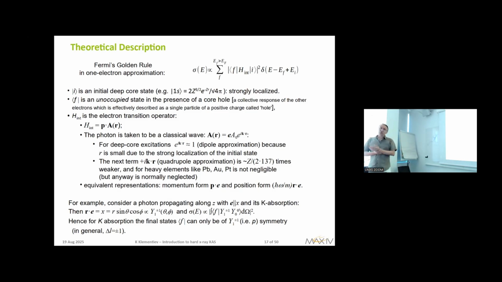Those of you who took quantum mechanics courses realize this is not a very quantum mechanical expression, because in quantum mechanics, when we add different processes, sub-processes, we add amplitudes, not probabilities.